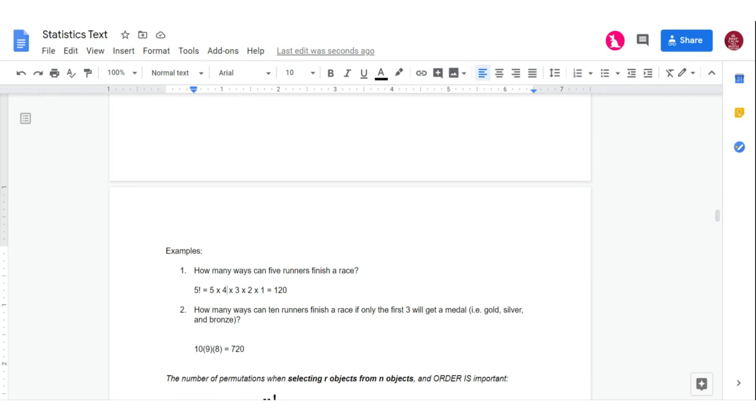Then once the third place person is in, there's 2 spots left. When somebody gets 4th place, then that last person bringing up the rear is going to be in 5th place. So that's why that works. So 5 factorial is just 5 times 4 times 3 times 2 times 1, which is 120. So that means there's 120 different ways that those 5 people could finish the race.